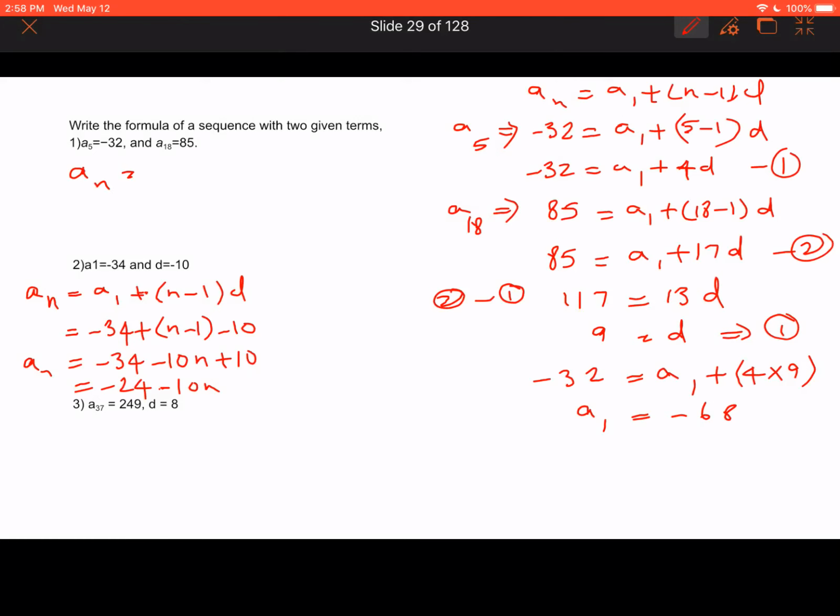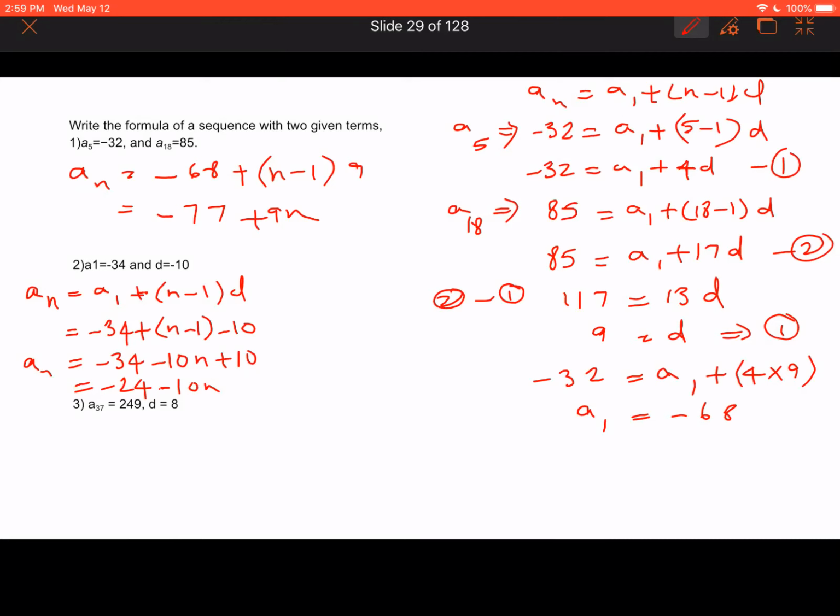So an is equal to, what is the value of a1? It is minus 68 plus what is the value of n? We don't know. What is the value of d? It is 9, right? So by simplifying it, we are going to get the answer as this. Okay, so this is the general formula for a5 is minus 32 and a18 is 85.